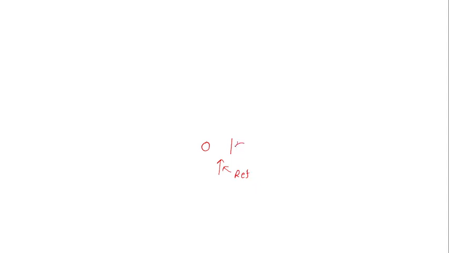This is the counter electrode, and this is the working electrode. Counter electrode is also known as auxiliary electrode. This is working electrode, and it is a reference electrode.